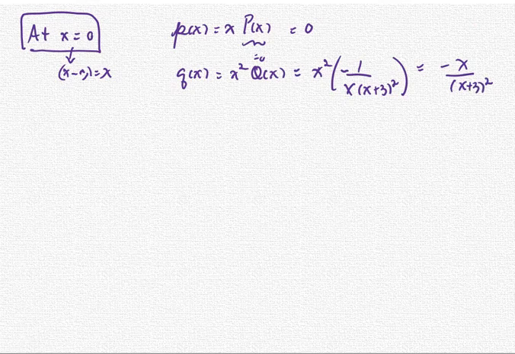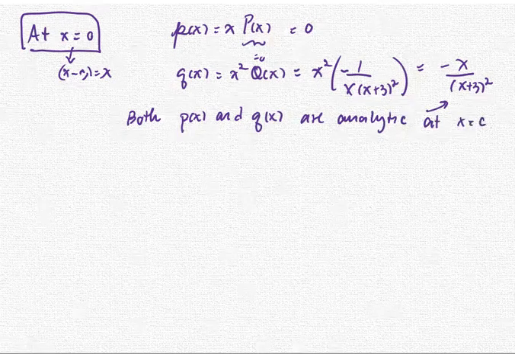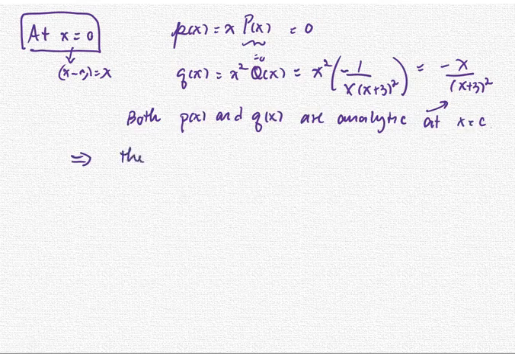And we're going to check at x equals 0. x equals 0 doesn't make the q(x) undefined. So we can say both p(x) and q(x) are analytic at x equals 0. And we summarize this as the point x equals 0 is a regular singular point.